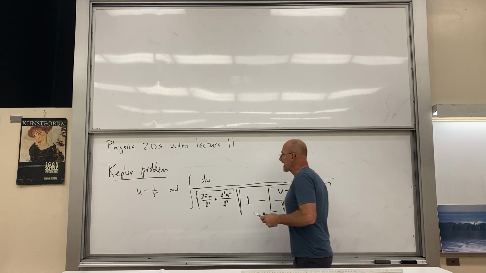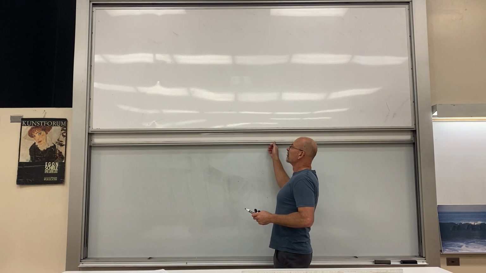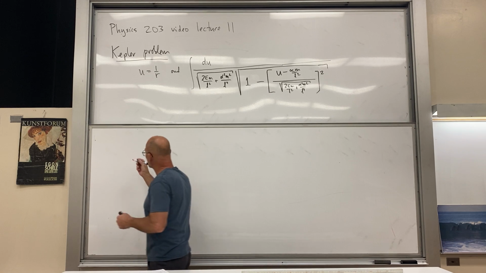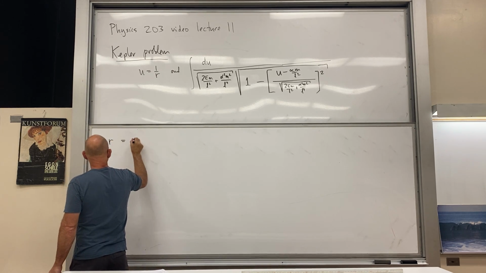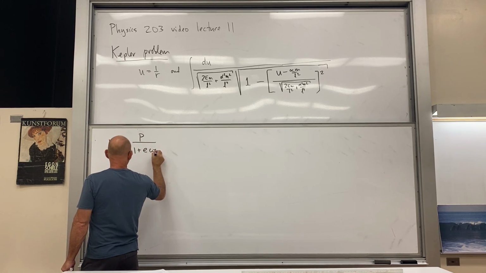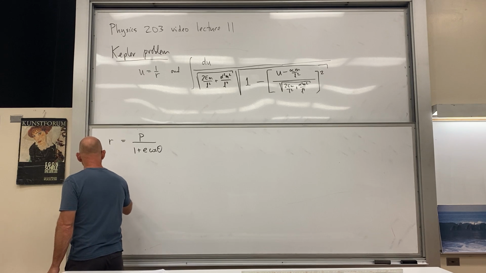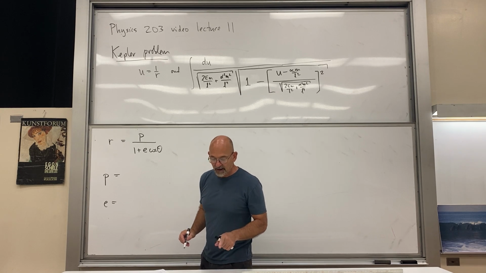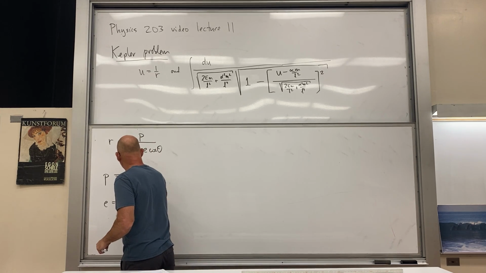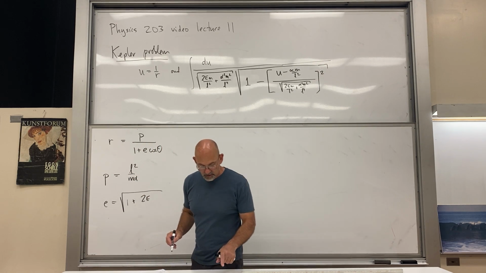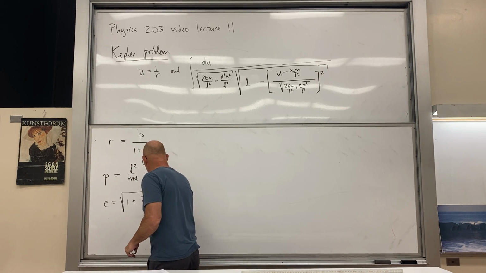So, good. So we have that. And as our result that we've already been working with, we ended up with r equals p over 1 plus e cos theta. So the parameter and the eccentricity are now defined as p equals L squared over m alpha, and e equals the square root of 1 plus 2E L squared over m alpha squared.